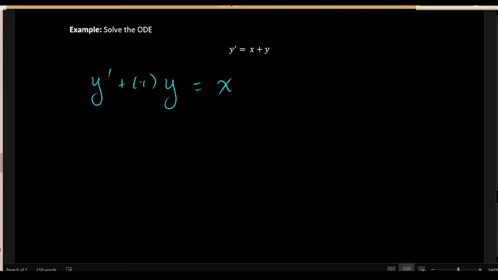So now that I've gotten my ODE into the right form, I can see that the function that contains no y's, the one that we're calling p of x, is -1 in this problem, the constant function -1. And the function on the right side, containing only x's and no y's, which we call f of x, is equal to the function x in this case.